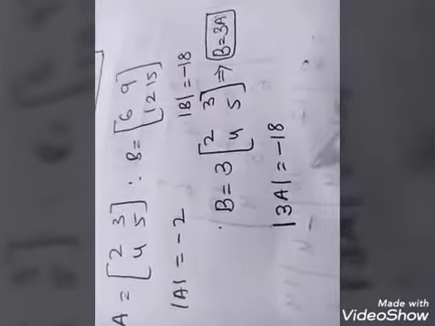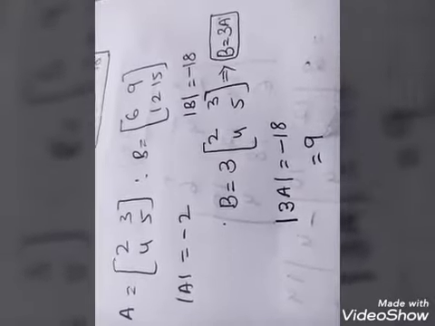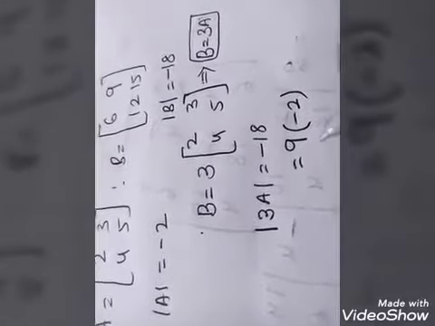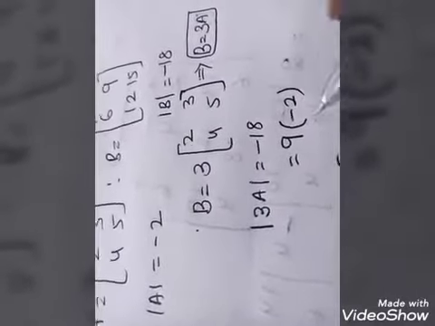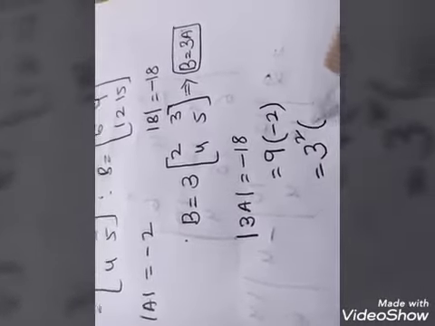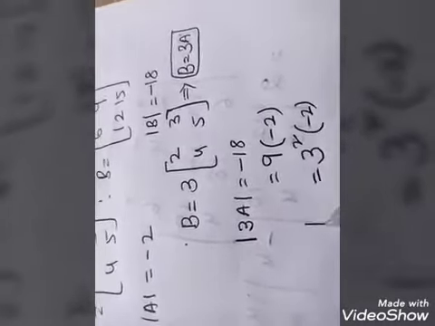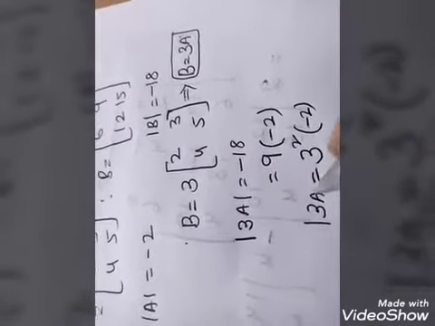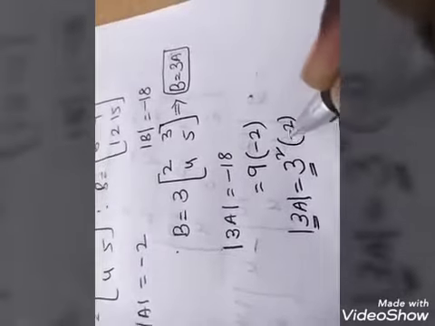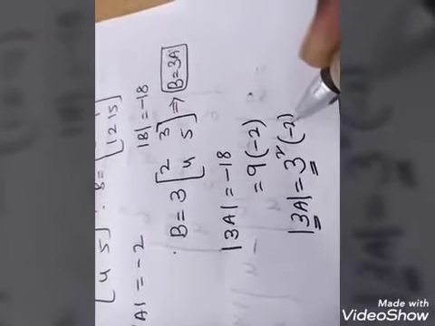Now minus 18 is nothing but 9 into minus 2. But 9, can I write here 3 square into minus 2? That is, det of 3A is equal to 3 square into minus 2.